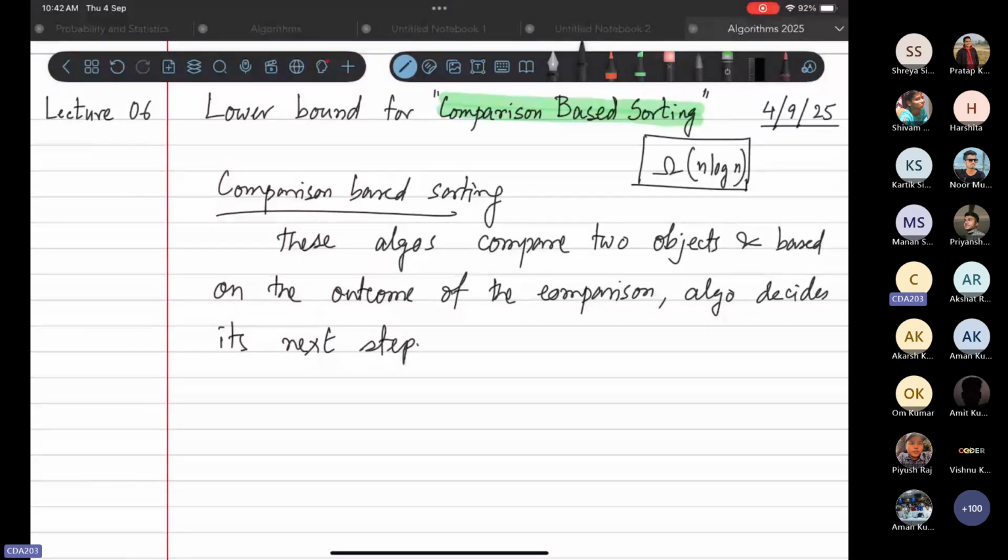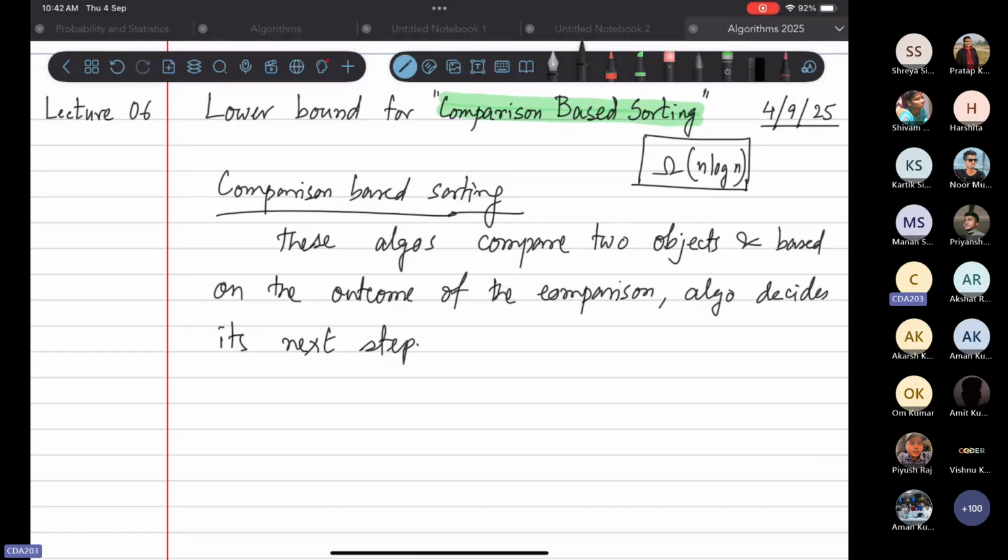So those are the comparison based sorting algorithms.